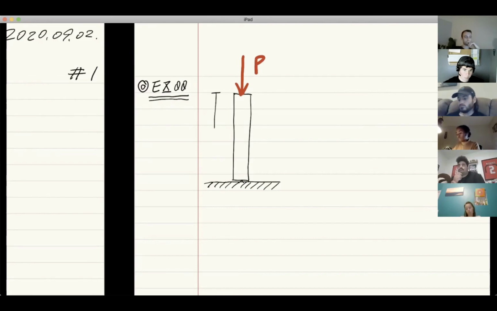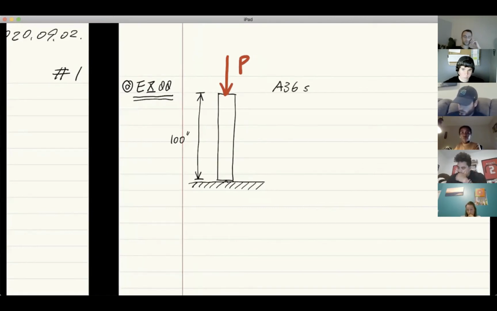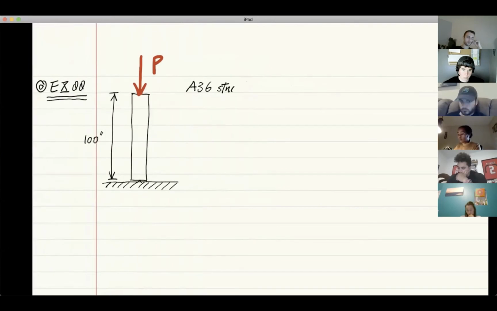And the column has a height or span of 100 inches, for example. Now suppose that the column is made of structural steel A36. Now our objective is what?